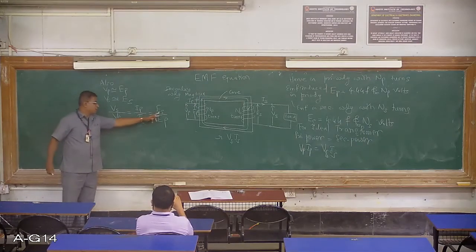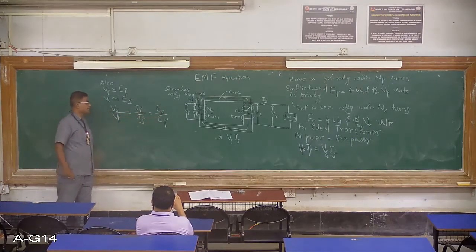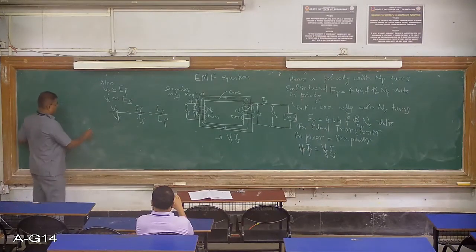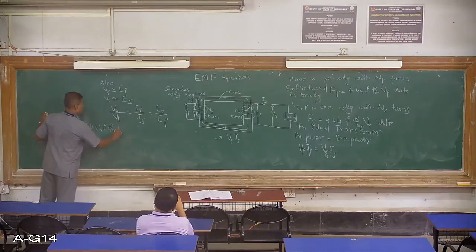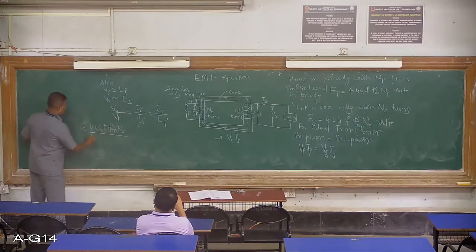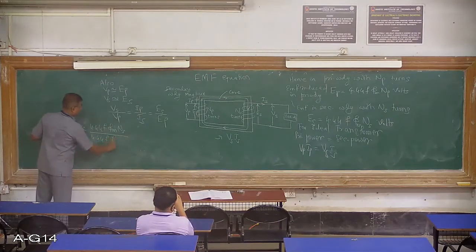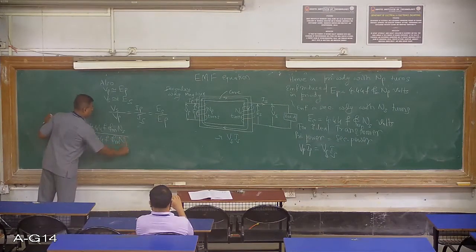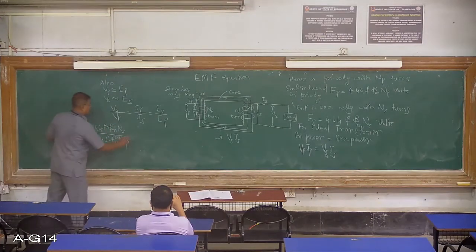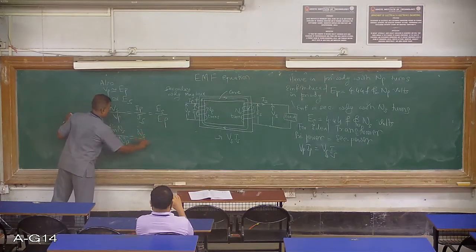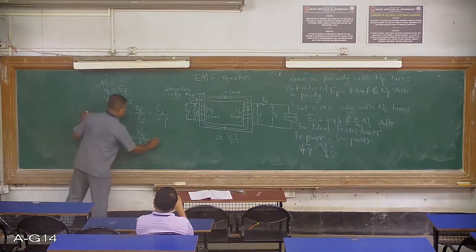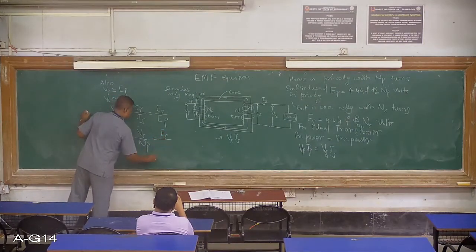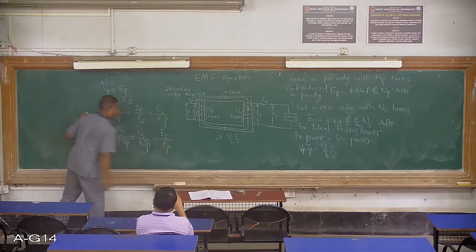If you substitute the expressions for Es and Ep, you get 4.44 f phi m Ns by 4.44 f phi m Np. So Es by Ep eventually becomes Ns by Np.